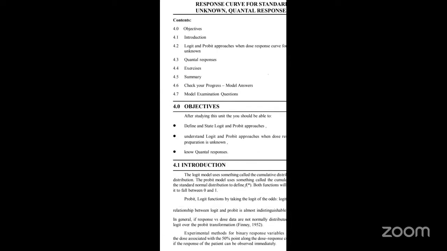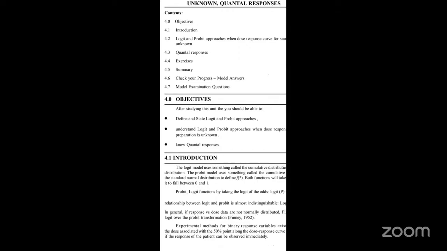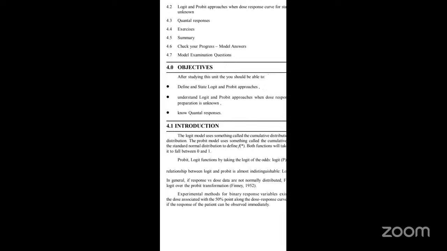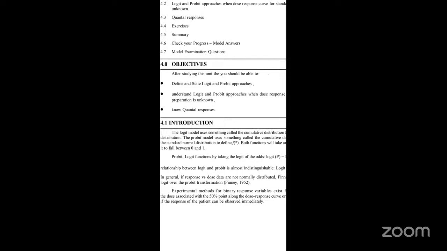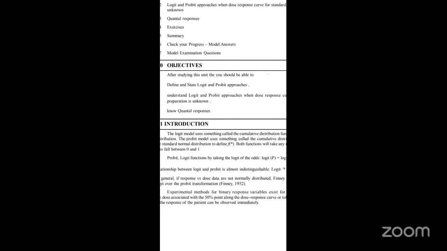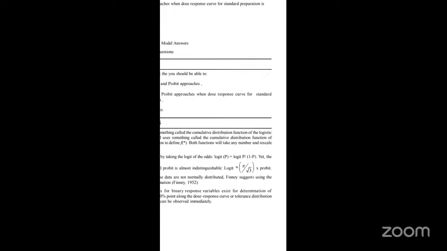For quantal response, the logit model uses the cumulative distribution function of the logistic distribution. The probit model uses the cumulative distribution function of the standard normal distribution. Both functions take any number and the output falls between 0 and 1.